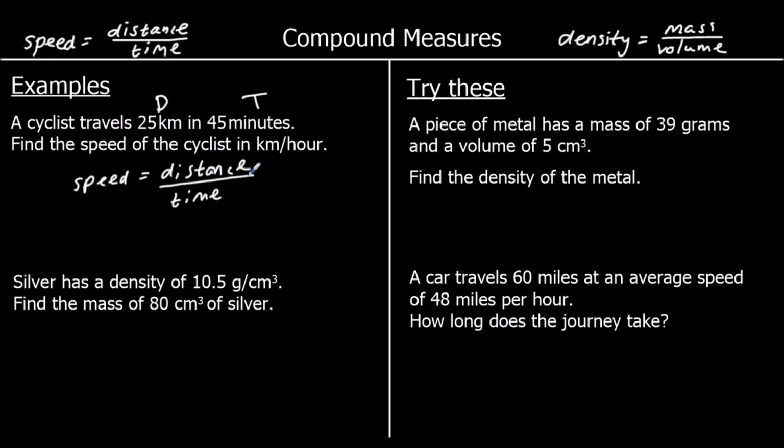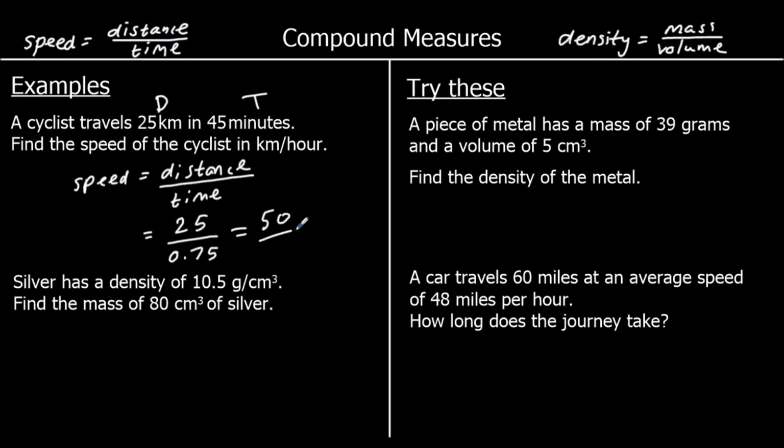45 minutes is how much of an hour? It's 3/4 of an hour. Every 15 minutes is 1/4 of an hour. So we can write 3/4 or 0.75. And if we're doing this without a calculator, we'll double the top and the bottom.